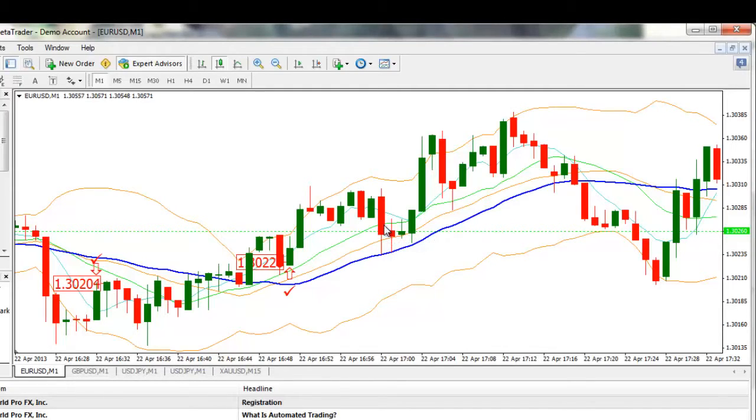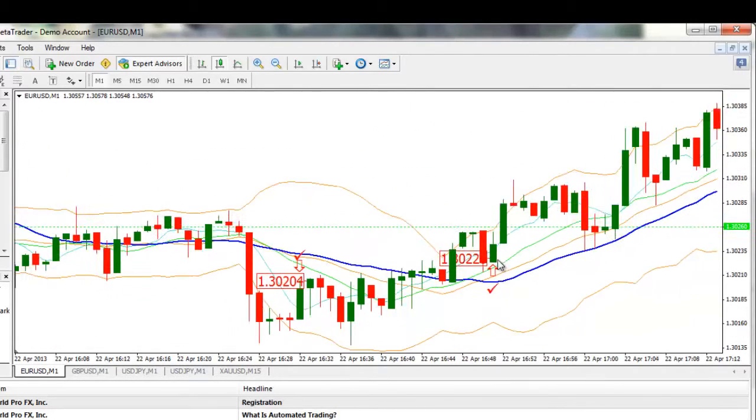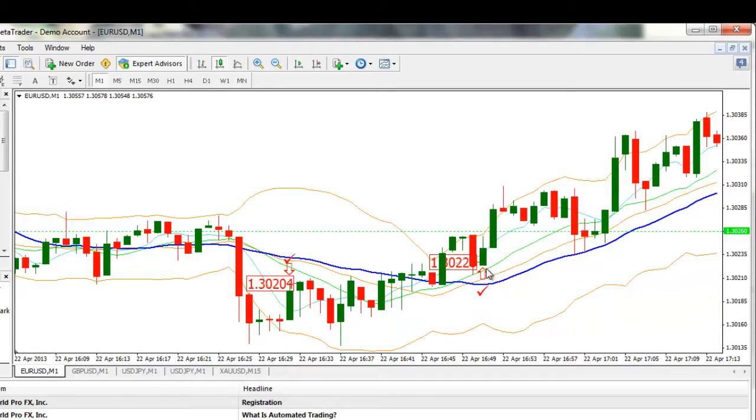If you'd gotten in here on this red candlestick, you would have won a nice 5 to 10 minute expiry. And if you use this combined with the Bollinger band, it gives you another window of opportunity to take a trade, with things being much clearer.